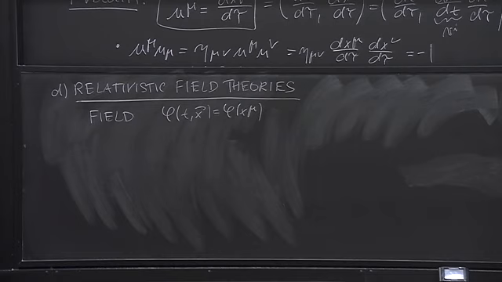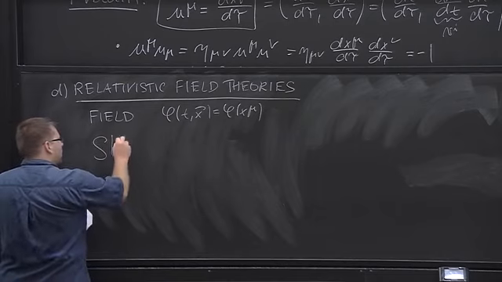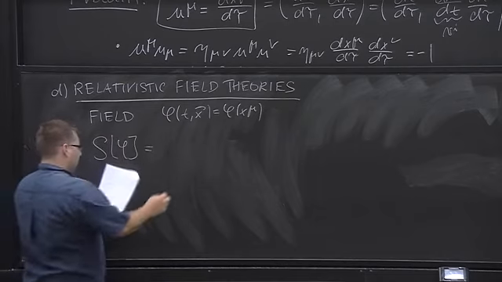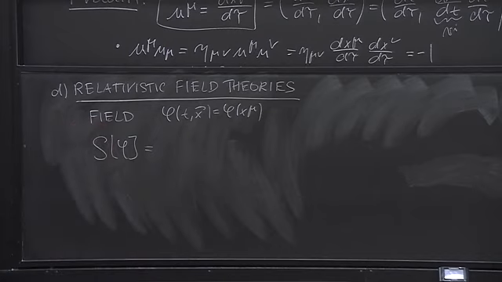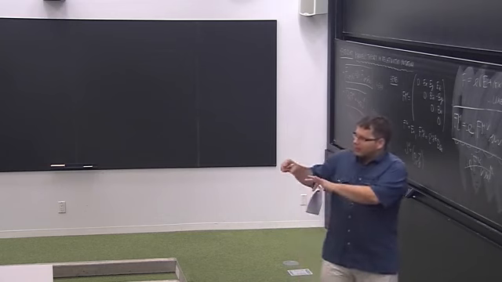So the simplest prototype of this action, which now depends on this field: as you have seen for the string, you have to integrate now over, so it's not just Lagrangian dt, but Lagrangian density dt, dx, dy, dz.